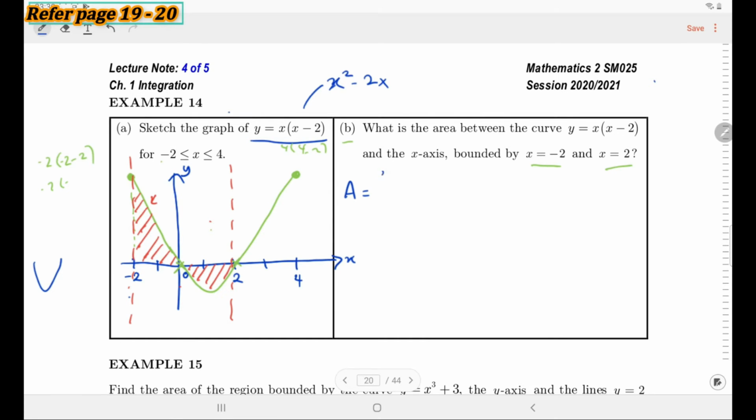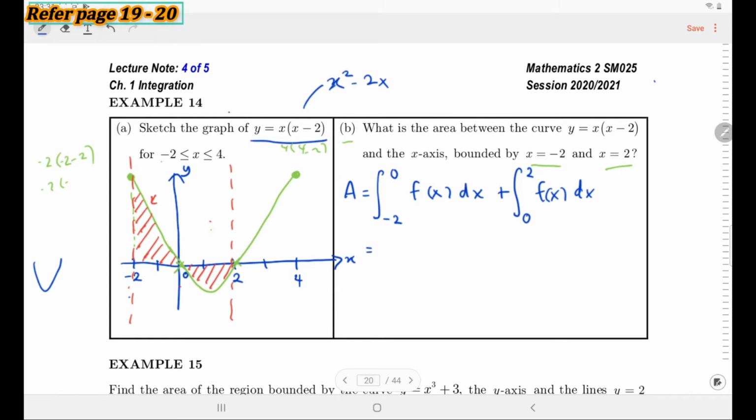Slowly, we begin from negative 2 to 0 of the function dx, this is the formula, and then we add up the next domain 0 to 2 of the same function, because only one function is involved.